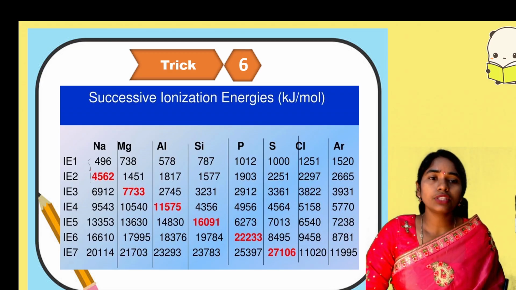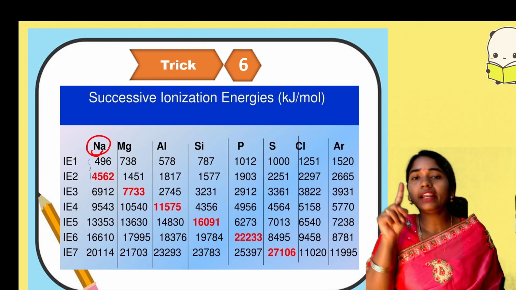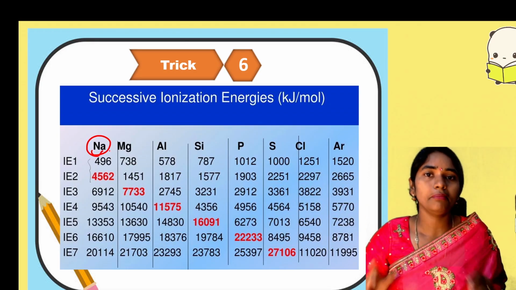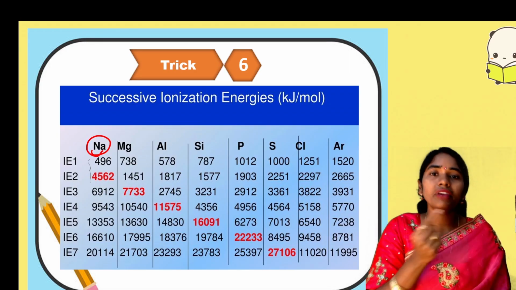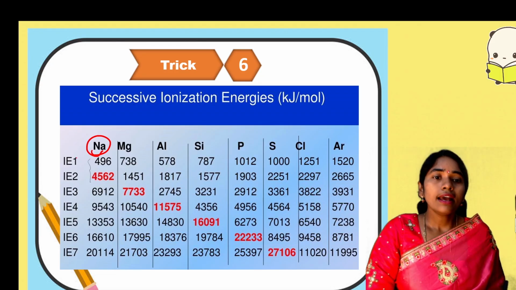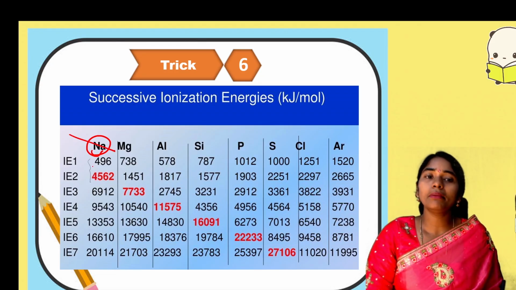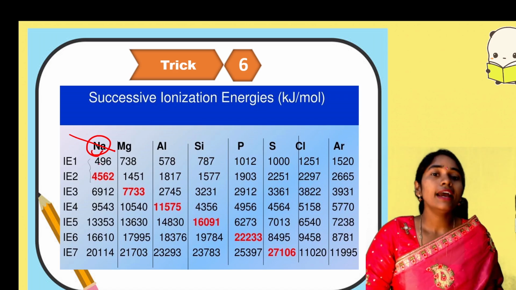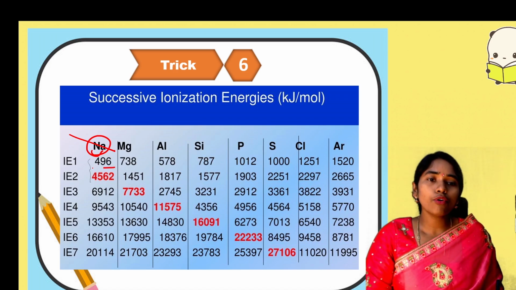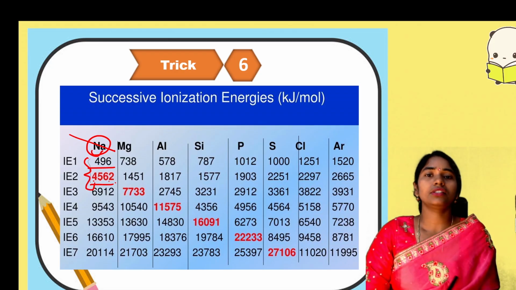For example, take sodium metal. We know only 1 electron is present in its valence shell because it belongs to group 1A. Based upon the data, how can we find it if they did not give the element? Here the trick is, just look at 496 and 4562. So much energy difference is there.